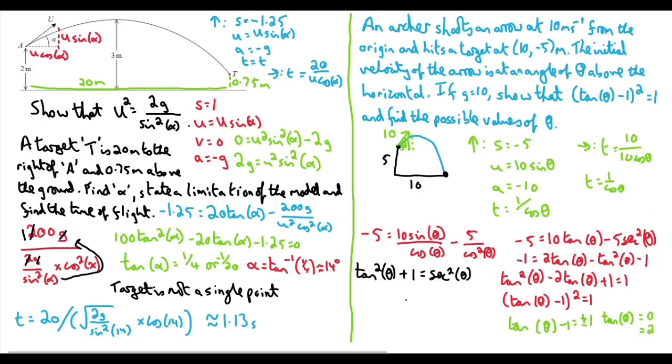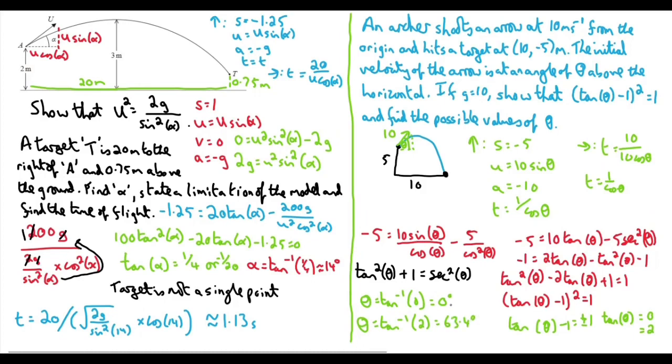Now from here, theta equals the tan inverse of 0, which would equal 0 degrees. Or if theta equals the tan inverse of 2, that would get us approximately 63.4 degrees.